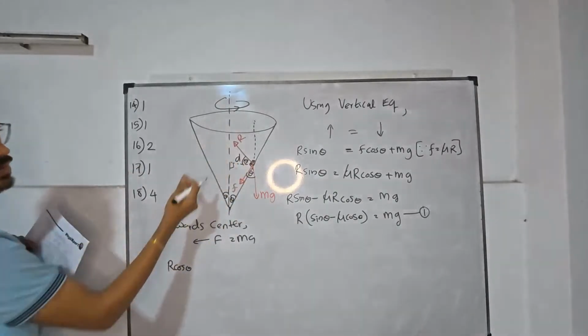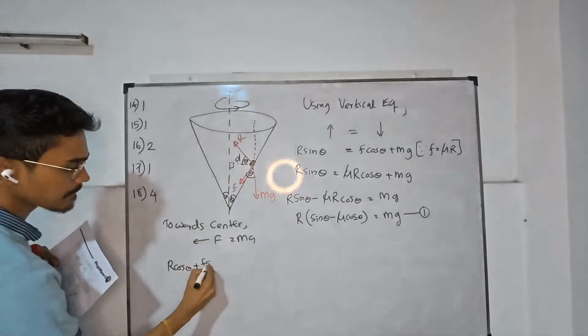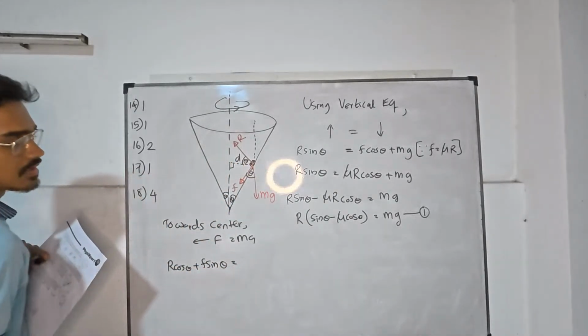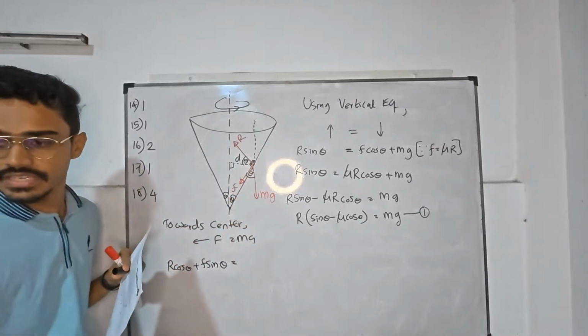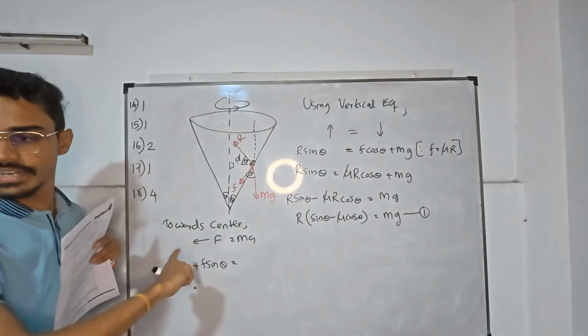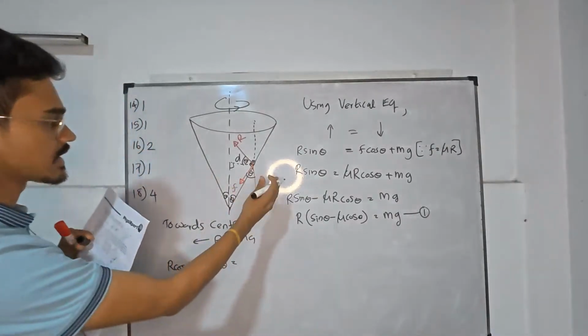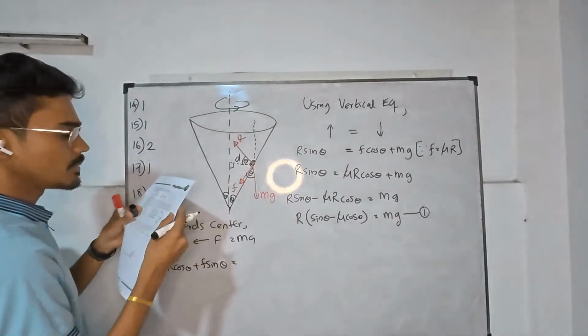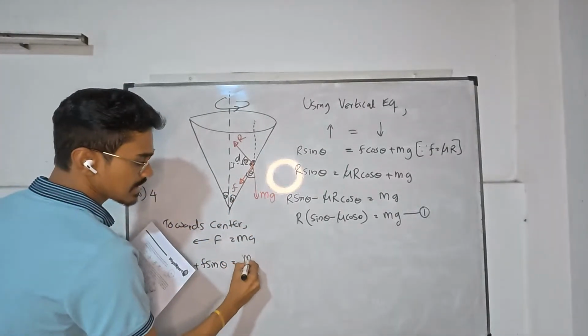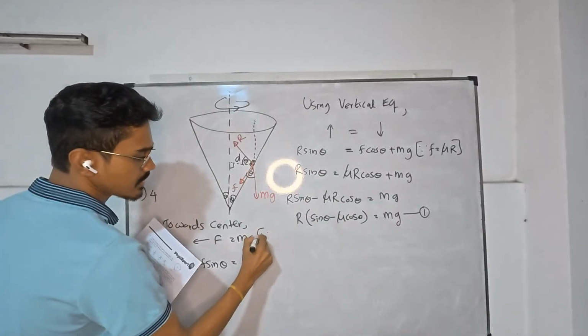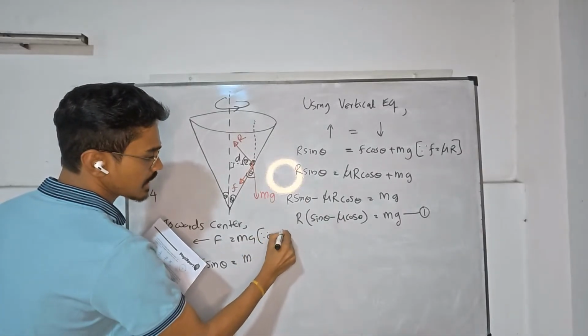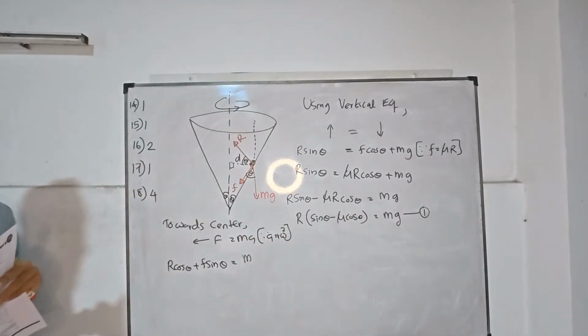We have another component from friction, that is F sin theta. No components from mg, because mg is perpendicular to the considered direction. Perpendicular vectors are neglected. And we need omega, no? So expand this as m r omega squared, because a equals r omega squared.